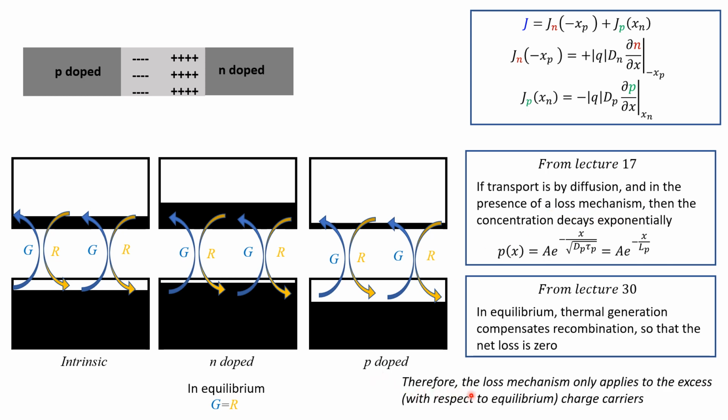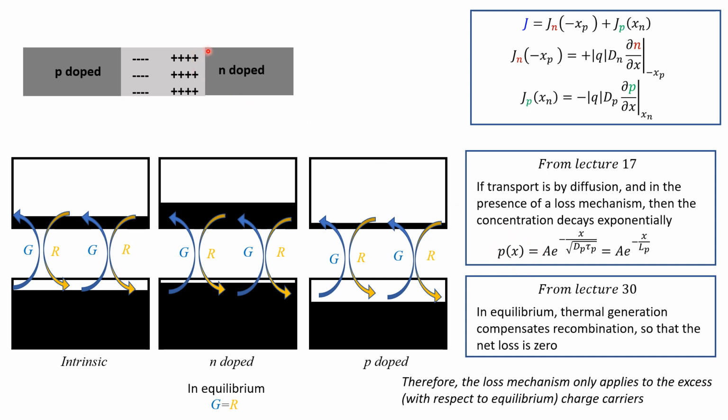So that means that the loss mechanism applies only to the excess, with respect to equilibrium, charge carriers. So this P, for example, cannot be the total concentration. This must be the concentration of excess holes.